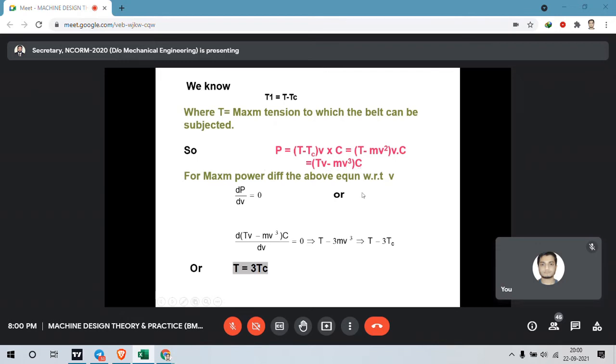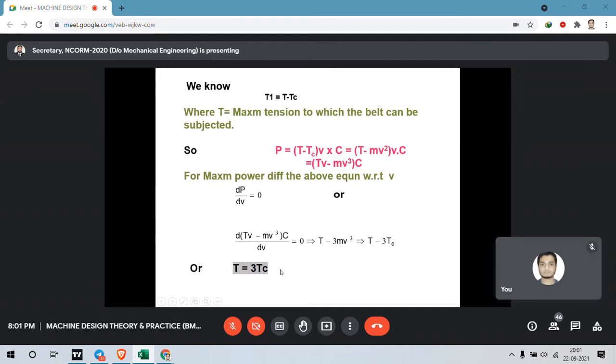So for the maximum power, differentiate it with reference to the velocity, dP upon dV, to take the maxima of this. Differentiating it with reference to v and equating it to 0, you simplify it and you will get a condition that T minus 3 Tc is equal to 0, or T is equal to 3 Tc.